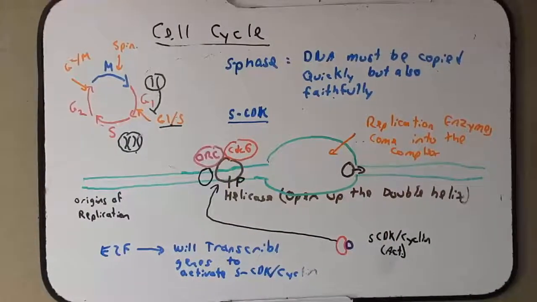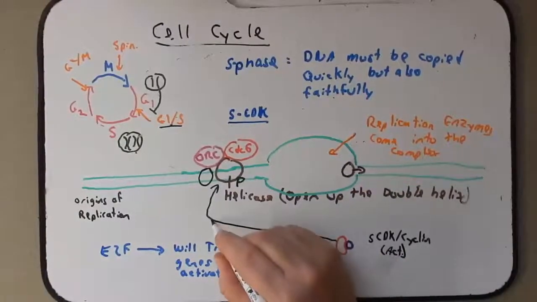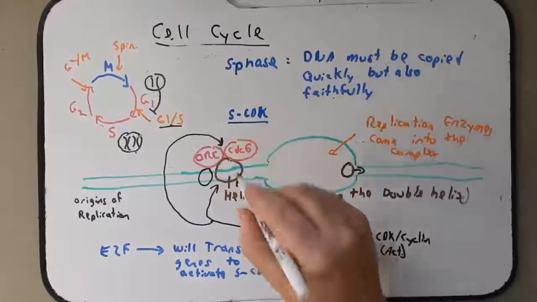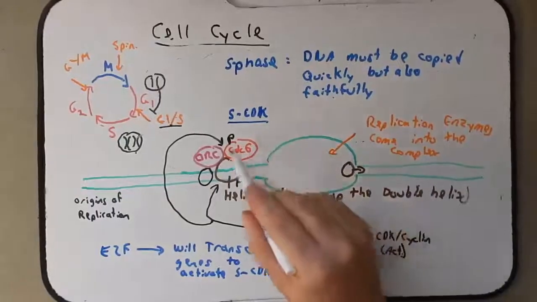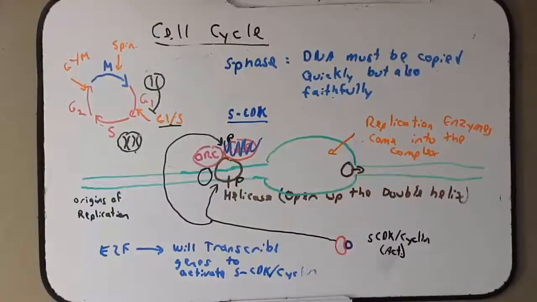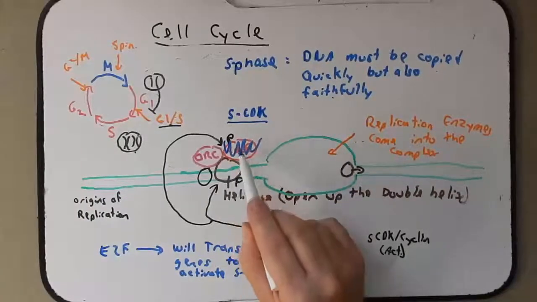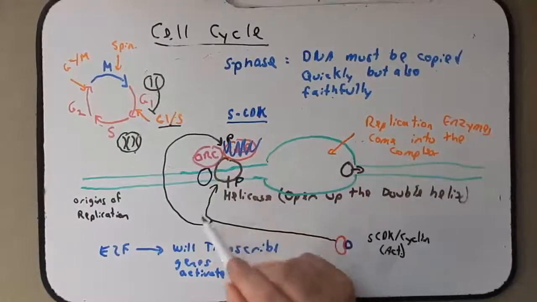Now, activated CDK cyclin also does one other thing. Well, it does a lot of other things, but one other thing I want you to know. It will add a phosphate group to CDC6. This will trigger CDC6 to fall off of this complex and become degraded. The reason this is important is that if we didn't remove CDC6, the DNA would be replicated over and over and over again.